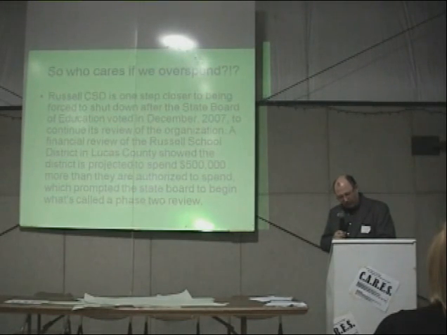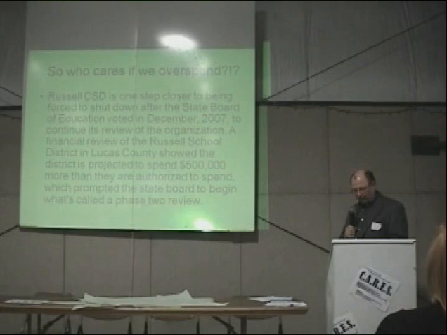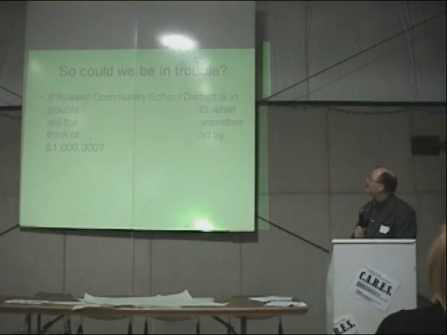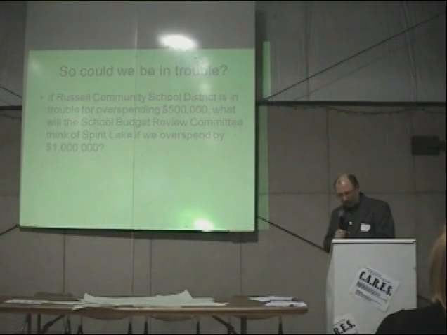A financial review of the Russell School District in Lucas County showed the district is projected to spend $500,000 more than they are authorized to spend, which prompted the State Board to begin what's called a Phase 2 review. So should we be in trouble? If Russell Community School District has trouble overspending $500,000, what will the School Budget Review Committee think of Spirit Lake if we spend over $1 million?